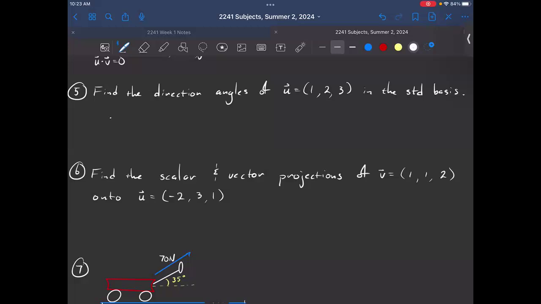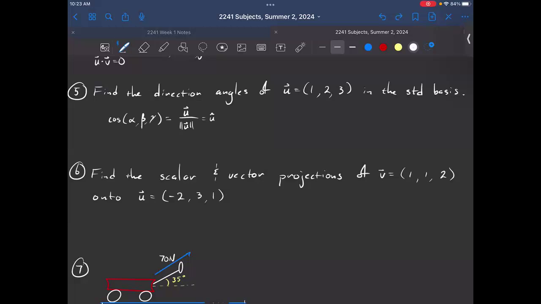The cosines of alpha, beta, and gamma are given by the vector u divided by its norm, which is really just the components of the unit vector in that direction. So all we need to do is find the unit vector, and we can take the inverse cosine of its components to get the angles.